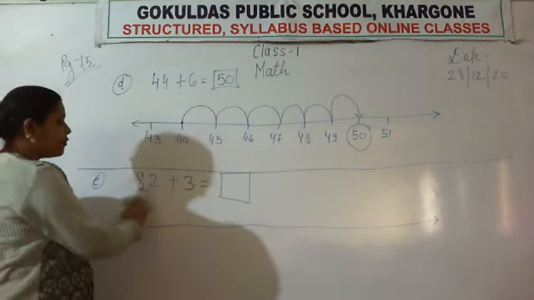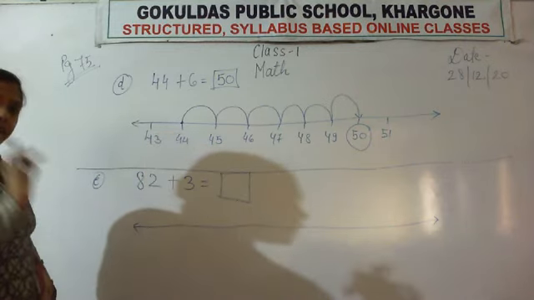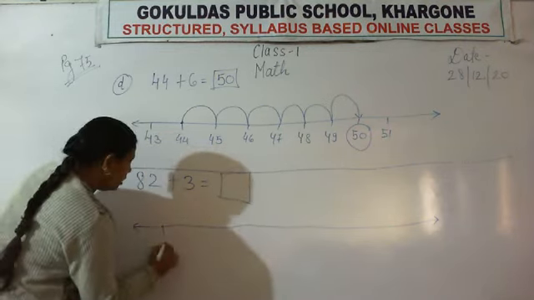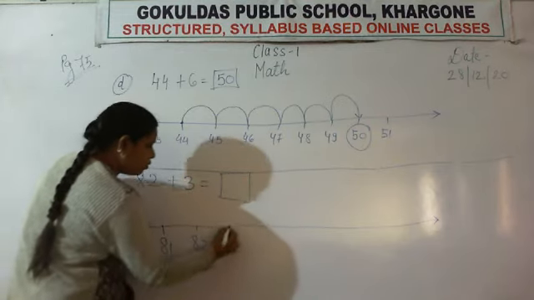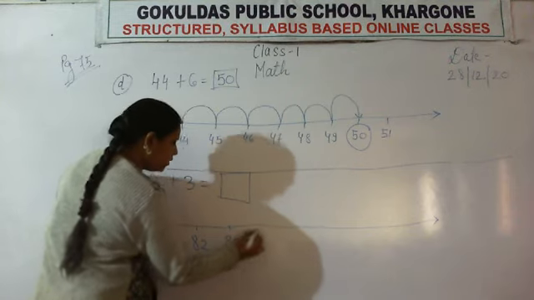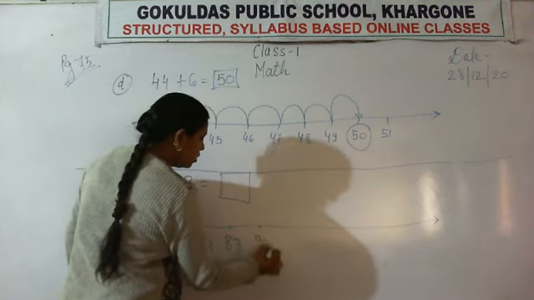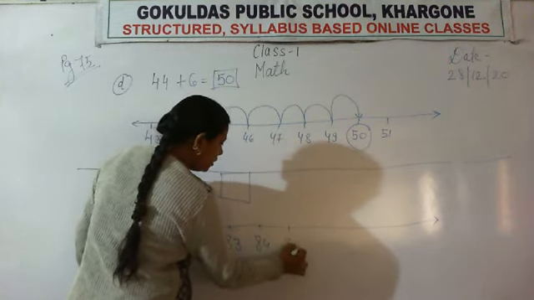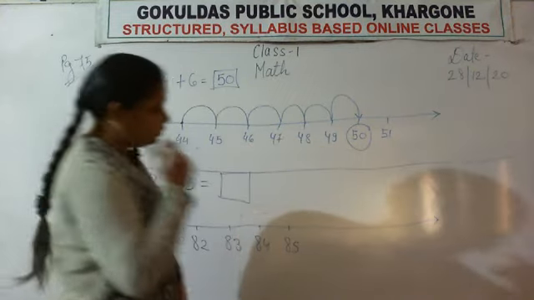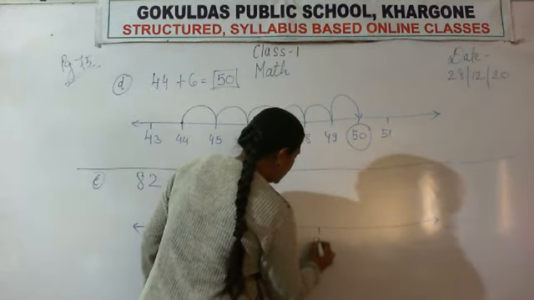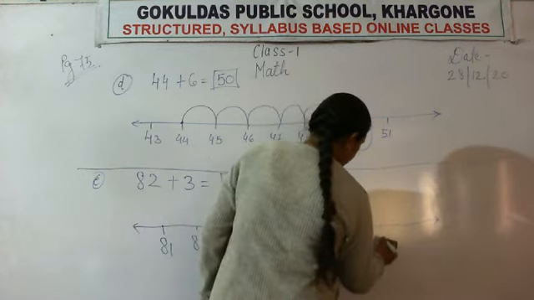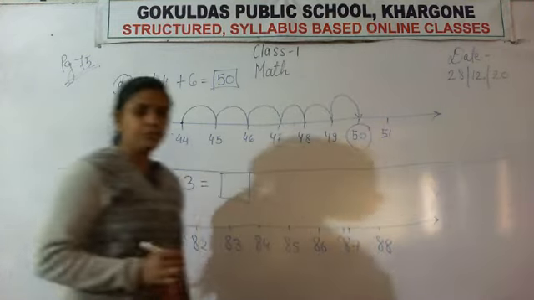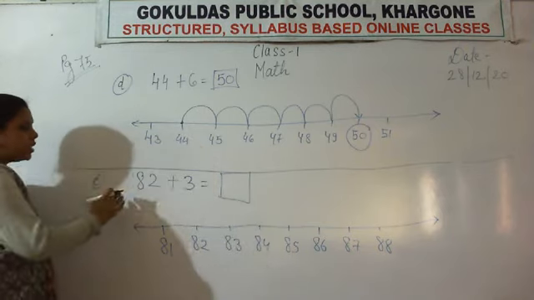Start writing numbers from 81, 82, 83, 84, 85, 86, 87, 88.